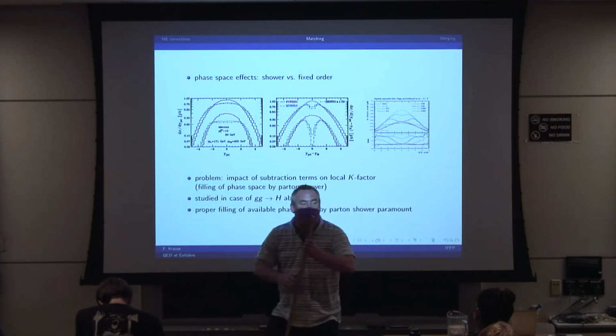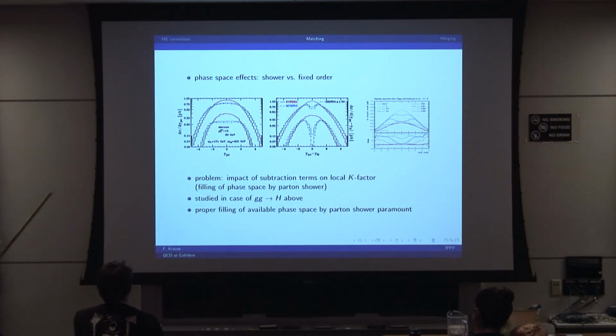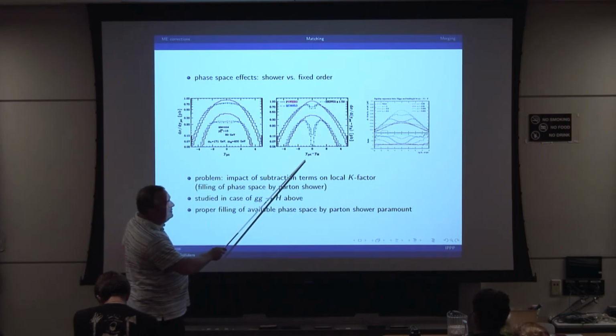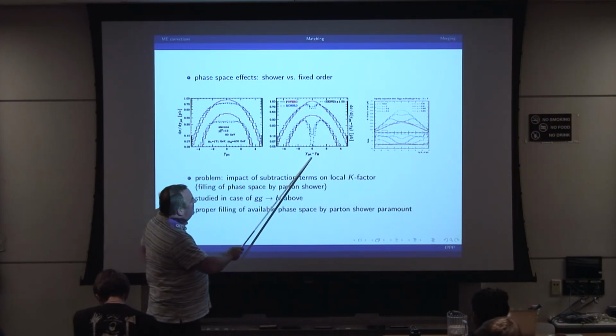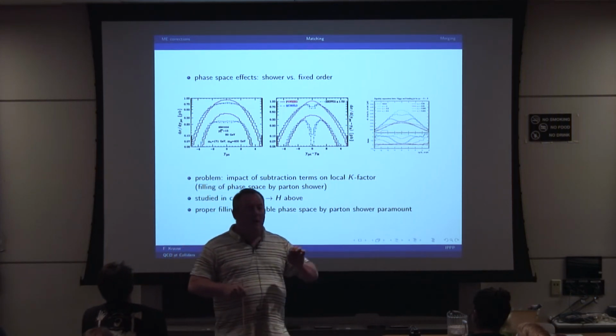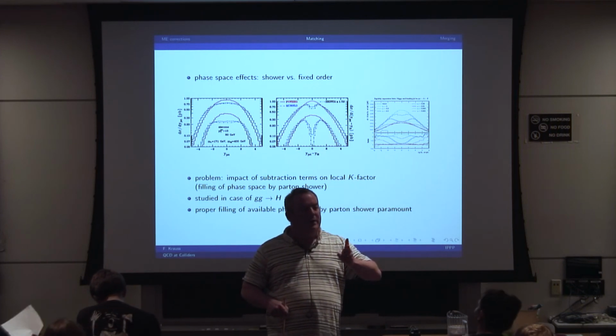So, the logic is the following. If you do angular, this is a really vicious observable. It's the rapidity difference between the jet and the Higgs boson, and this is a region that the parton shower in Herwig doesn't fill.